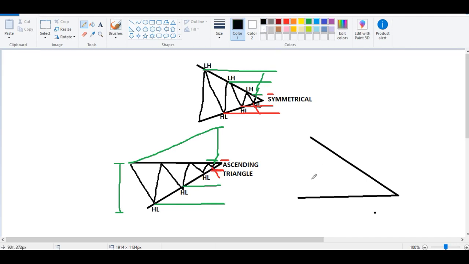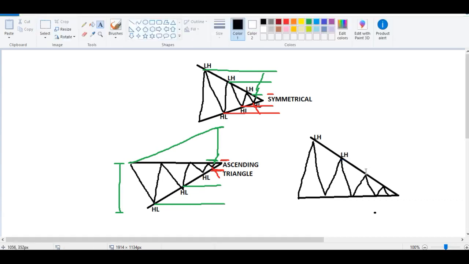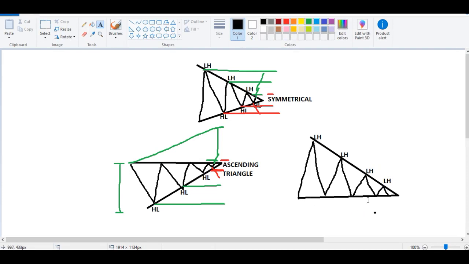Now let's come to the third one, which is called the descending triangle. In a descending triangle, we have lower highs and similar lows, almost identical lows.